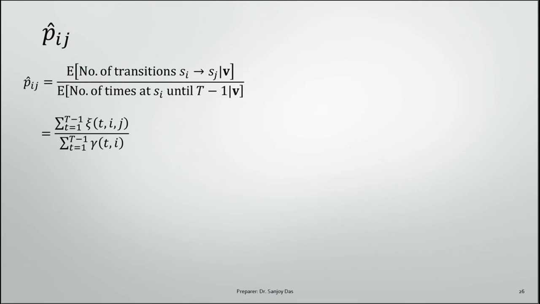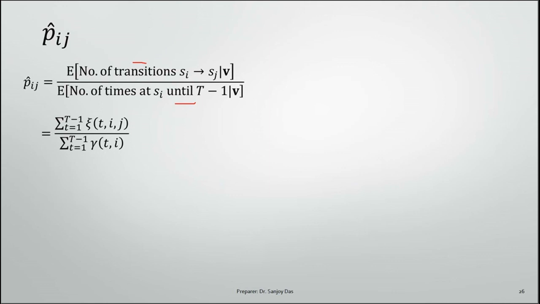So from those expectations that we just obtained during the E step, let's try to estimate the probabilities. The transition probability Pij is by definition the probability of jumping to state j given the state is Si. And so that's given by this ratio. It's equal to the number of transitions from Si to Sj divided by the number of times the HMM was in state Si.